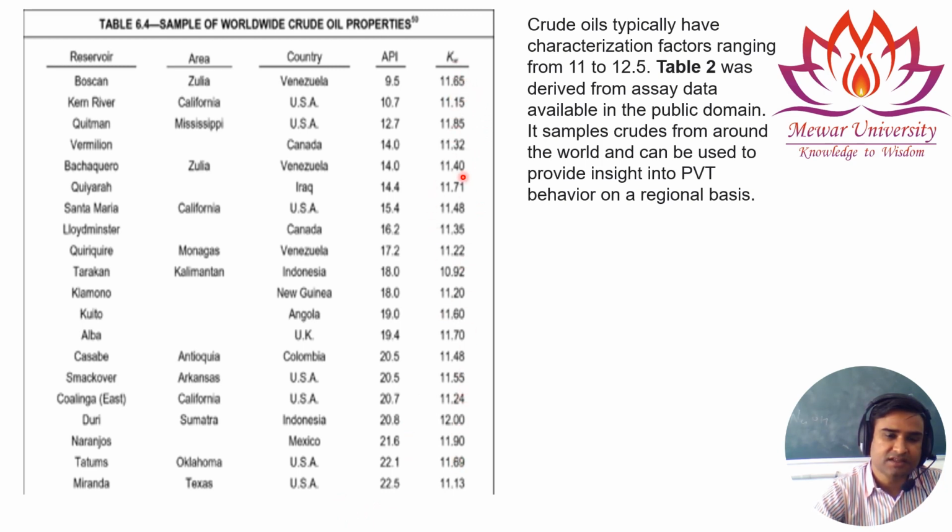A Watson factor greater than 12.5 is paraffinic, less than 12.5 is naphthenic, and less than 10 it is aromatic. So more aromatic compound will be there if the Watson factor becomes less than 10. You see the crude oils typically have a characterization factor ranging from 11 to 12.5. This is derived from assay data available in the public domain. It samples crude from around the world and can be used to provide insight into PVT behavior on a regional basis.